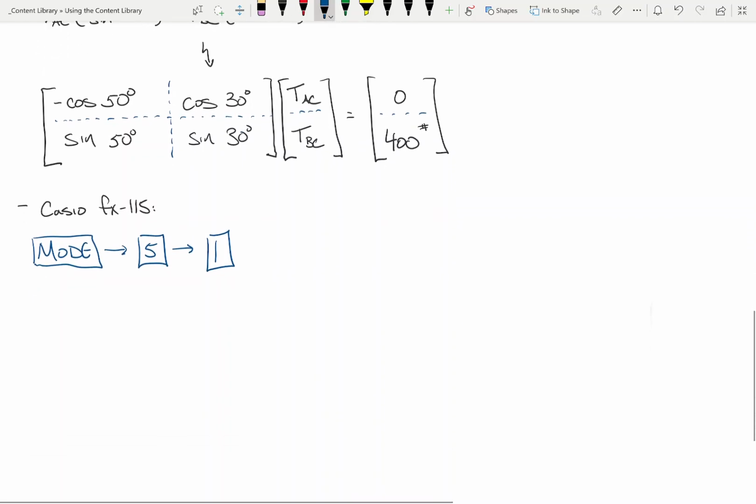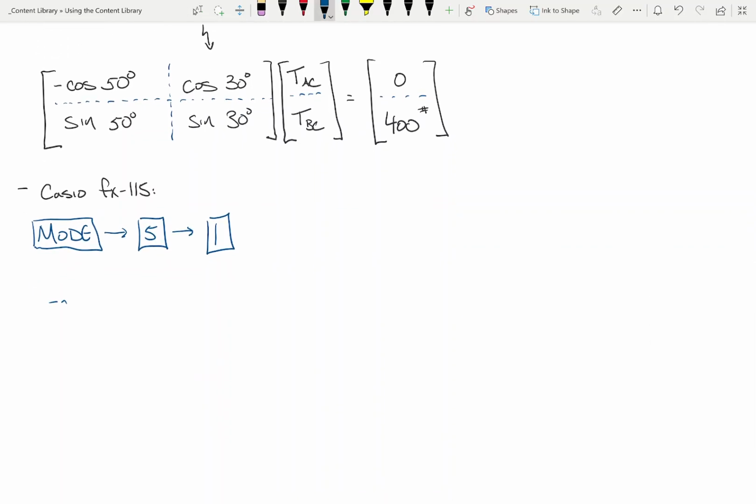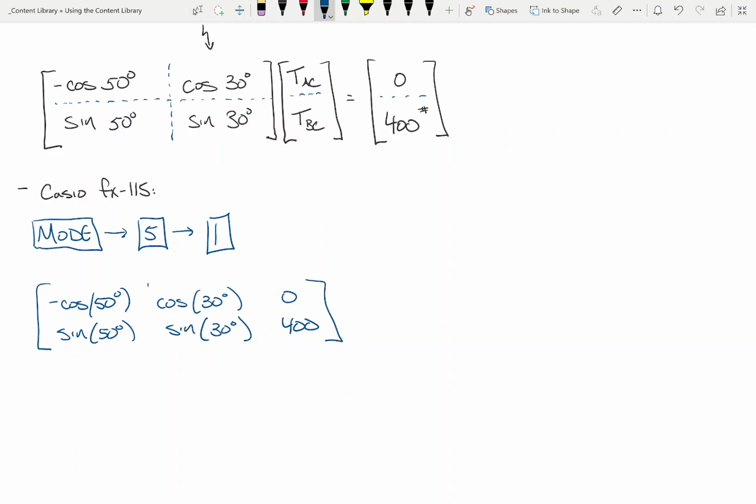And then the table that you're going to enter is going to be, and the calculator will spit out an X and Y solution.